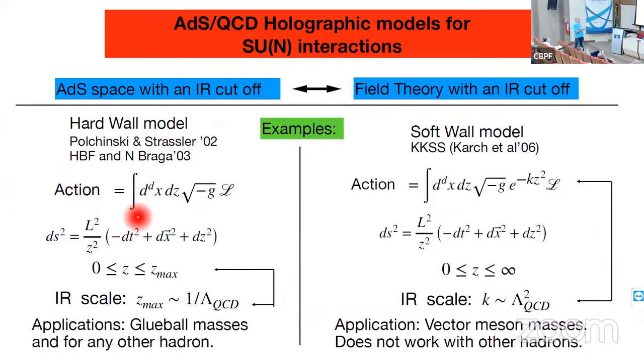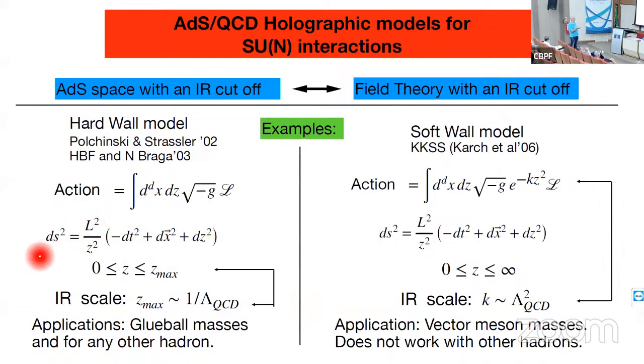You start with an action, right? This x is the flat space, and this z is the extra coordinate related to the curvature of the space. So you have this square root of minus g, which is a characteristic of curved space-time. And then you have the Lagrangian, the usual Lagrangian of the fields. Usually we work in 5 dimensions, so this is 4+1 dimensions.